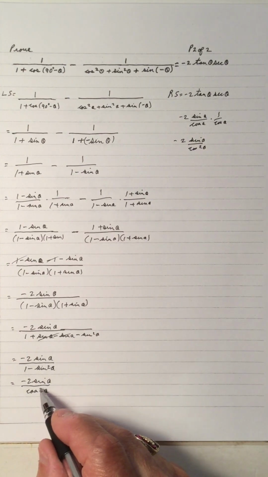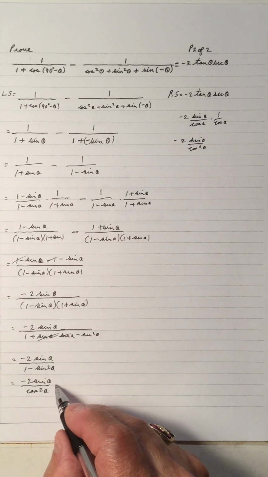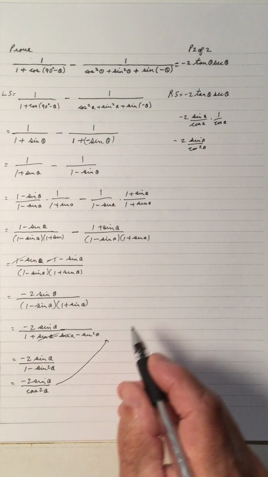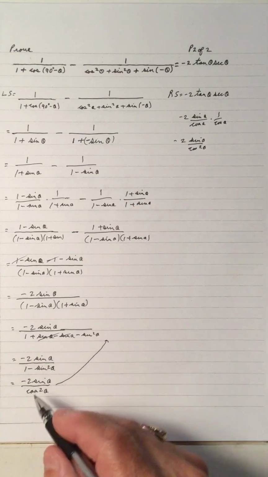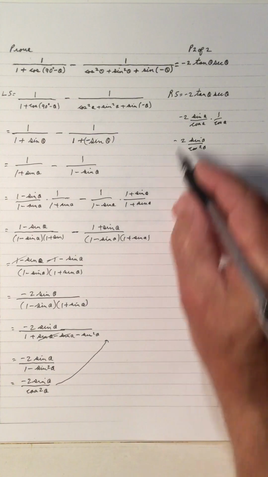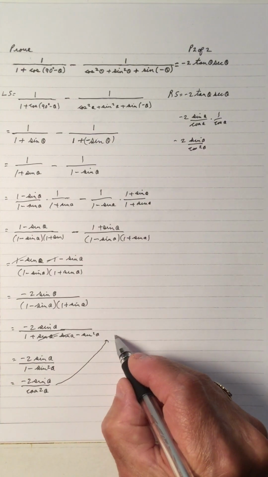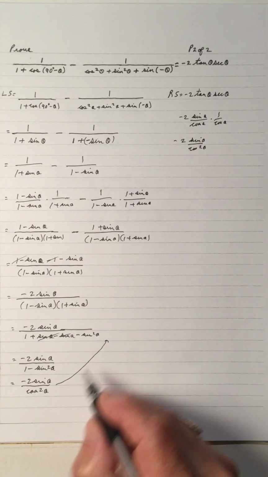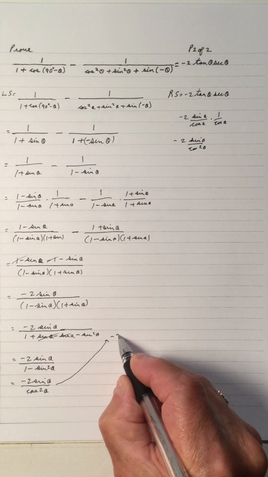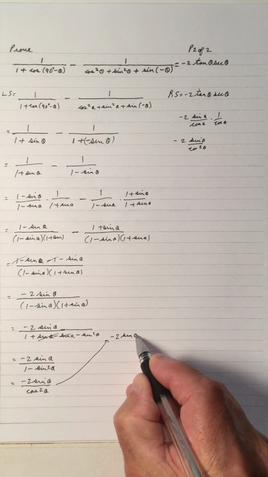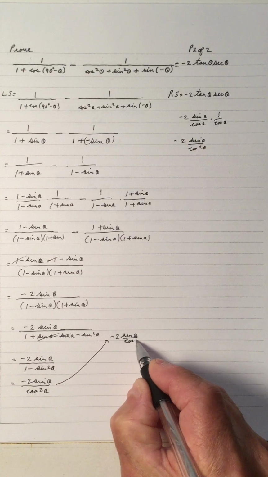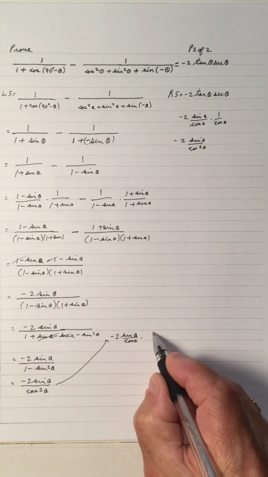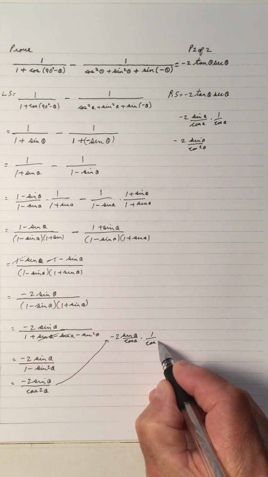So I can't keep going down, so let's go up here and reverse it. This step is right here, so let's take this step and put it right here. Again, it should be going on down, but I don't have the space, so it's negative 2 sine theta over cos times 1 over cos.